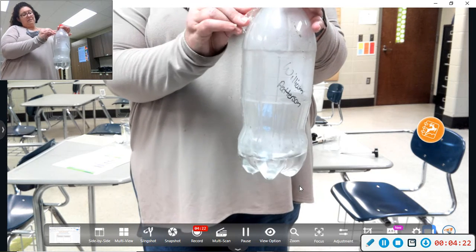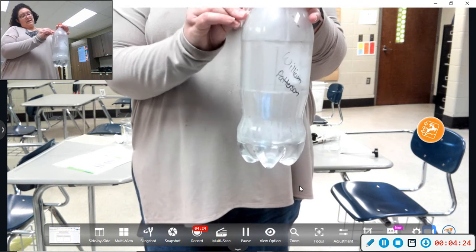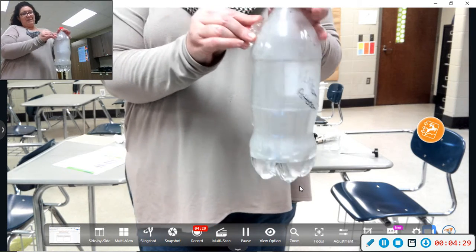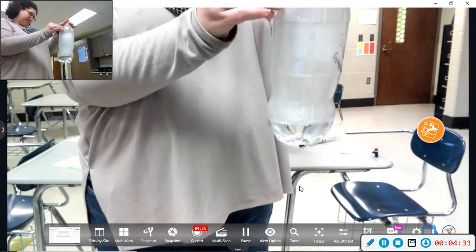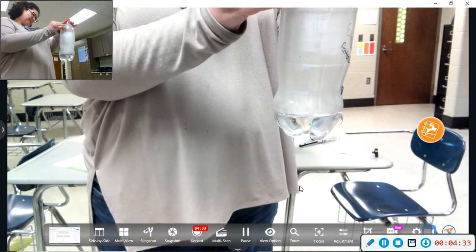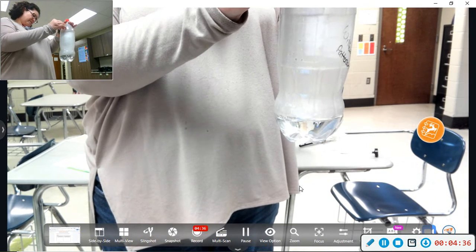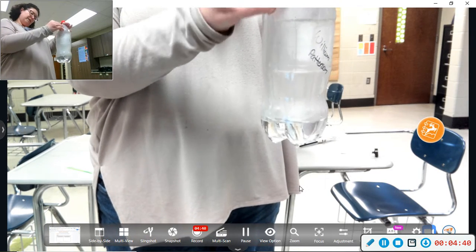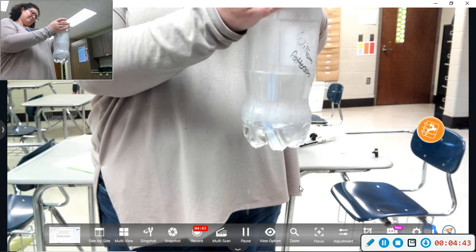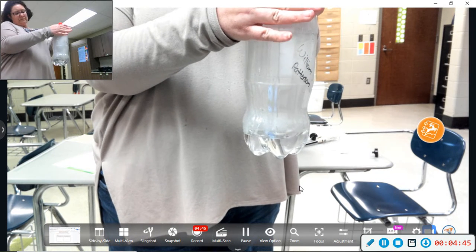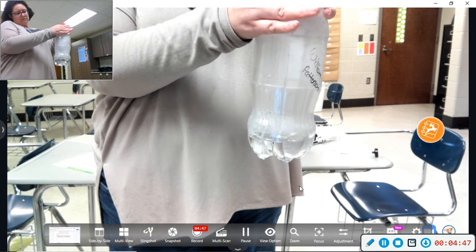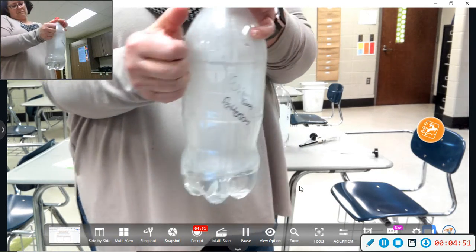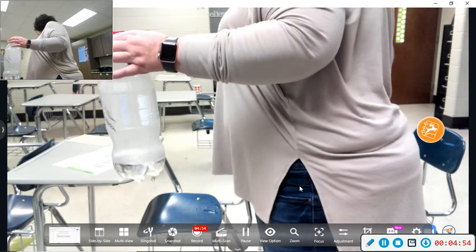I can tell the ice is melting very quickly. It's dripping down the side of the bottle. We should have a little bit of condensation on the inside, but we'll have to open it up and see. Okay, I'm going to put this ice back in here.